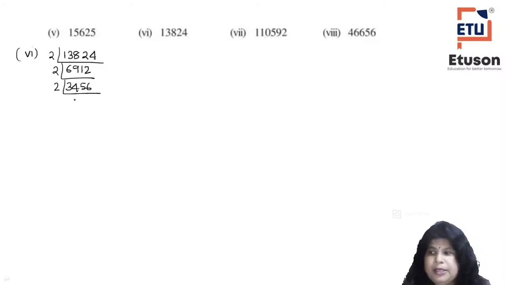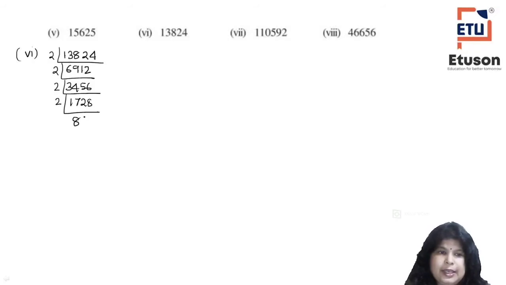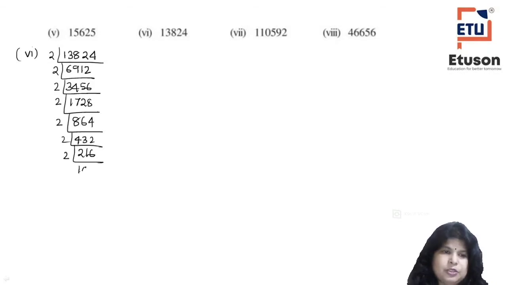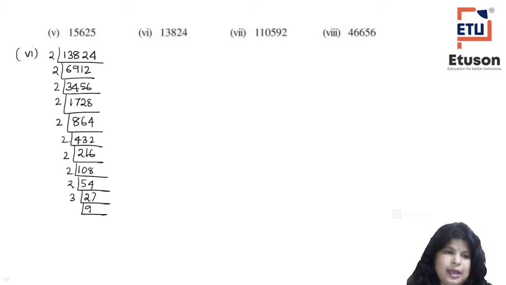Again divided by 2, you get 1728. Divided by 2, you get 864. Divided by 2, you get 432. Divided by 2, you get 216. Divided by 2, you get 108. By 2, you get 54. Then by 2, you get 27. Divided by 3, you get 9. Divided by 3, you get 3.